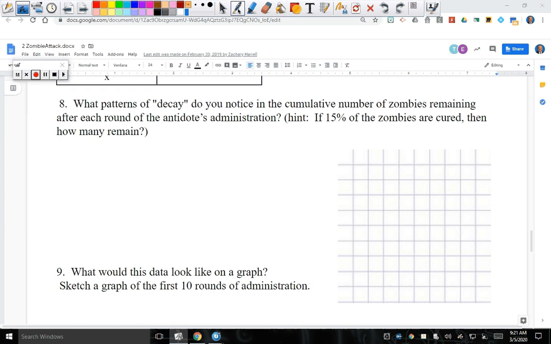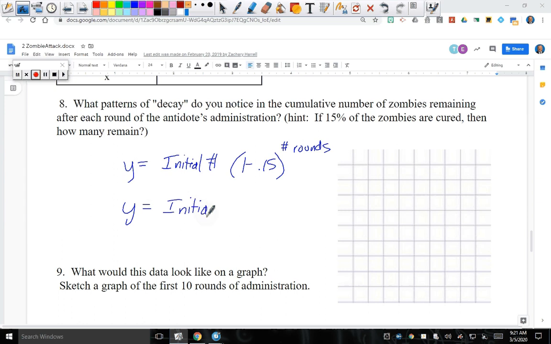But you can do a quick sketch as far as showing that we came up with your initial number, and it was 1 minus 15%, and raised to the number of rounds administered. Or the initial number efficiently just getting to it, saying that it's decreasing because that number is less than 1.